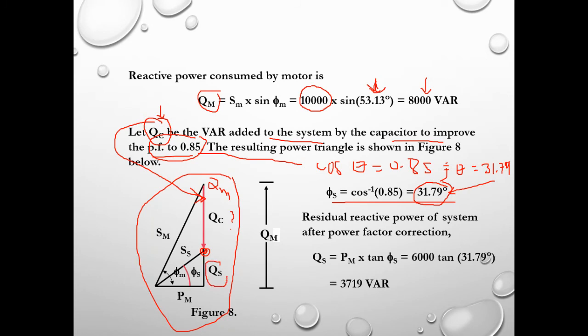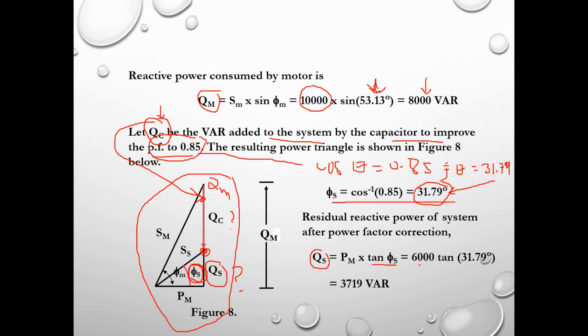Since QM has been reduced by QC down to QS, what is the new value of QS? With the new value of theta S, we may manipulate this equation: tangent theta S equal to QS over PM. Rearranging for QS, we get PM multiplied by tangent theta S.